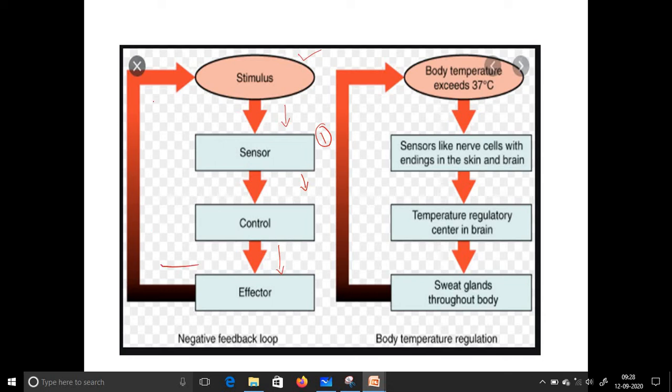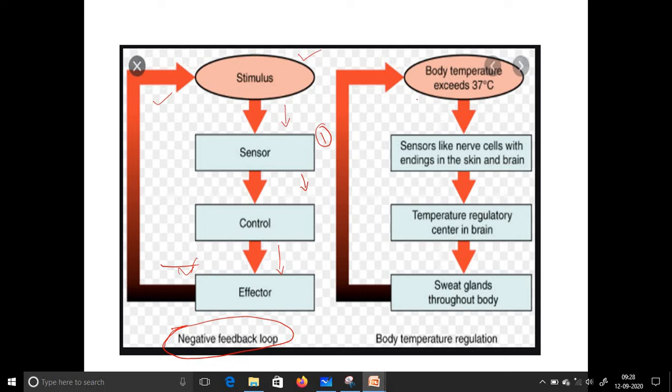This cycle is known as the negative feedback loop, because a negative feedback loop always reverses any deviation, whether it is an increase or decrease.